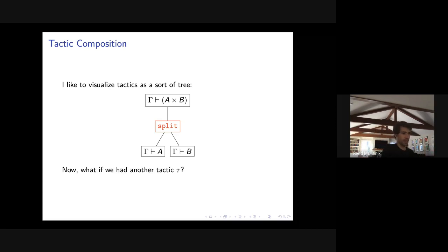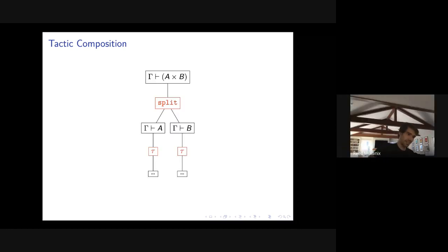Let's say we had some other tactic tau, and then we wanted to compose that onto this tactic. How does that work? What's the natural composition behavior here? Well, you take tau, you take the sub-goals produced by split, each one of those, and you feed that into our tactic tau, and then see what sub-goals it produces, and that produces a whole new tactic. Of note is that this composition is monadic.